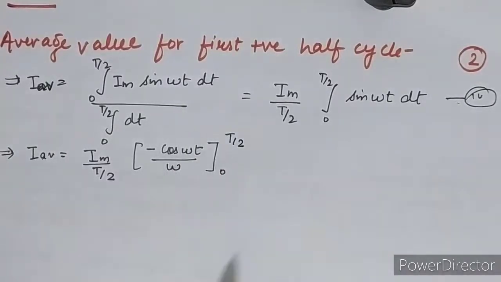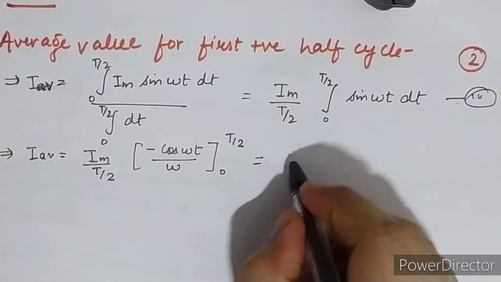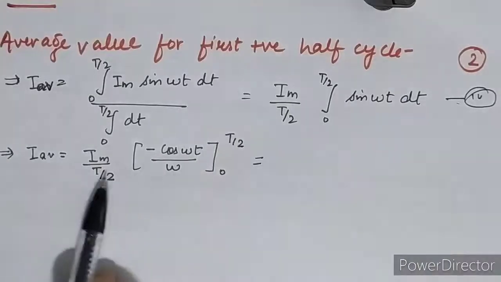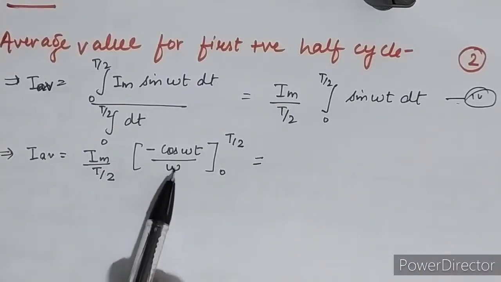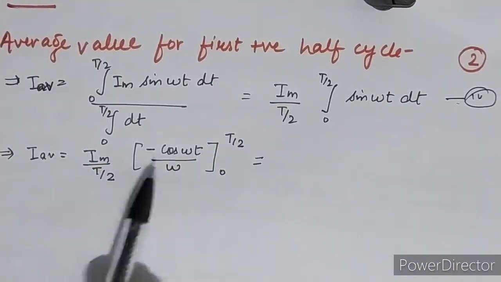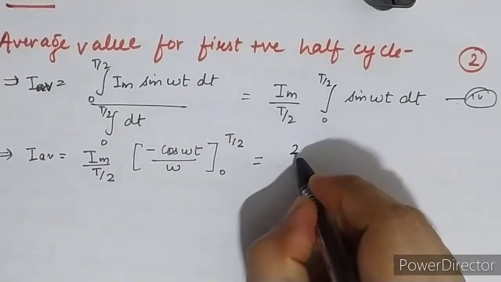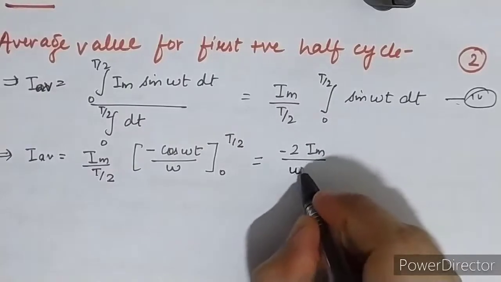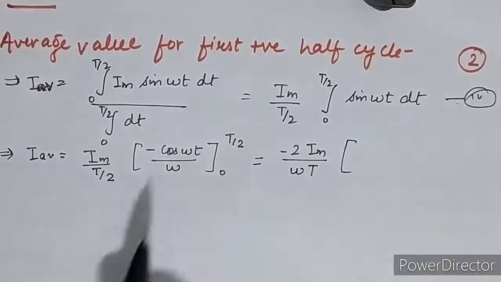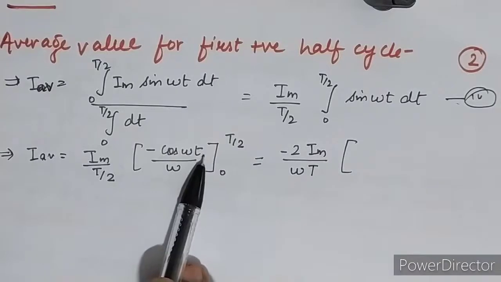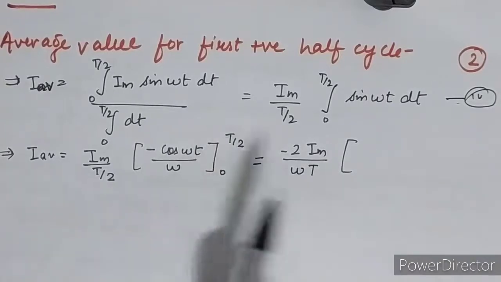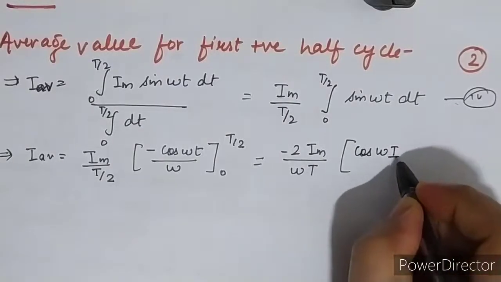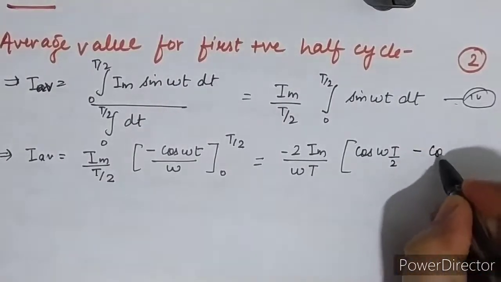Now we put the limits. Taking 2 and omega upside along with the minus sign, it becomes minus 2Im upon omega T, and only cos omega t is in the bracket. Putting the limit in place of t, final minus initial, it becomes cos omega T by 2 minus cos 0.